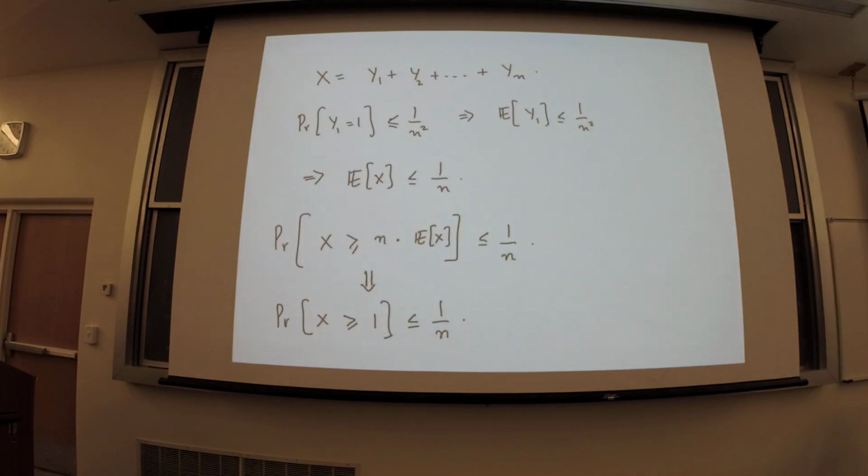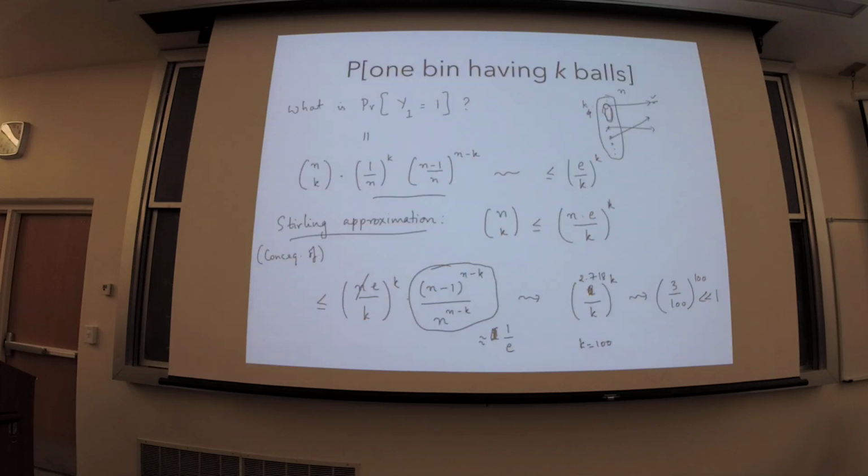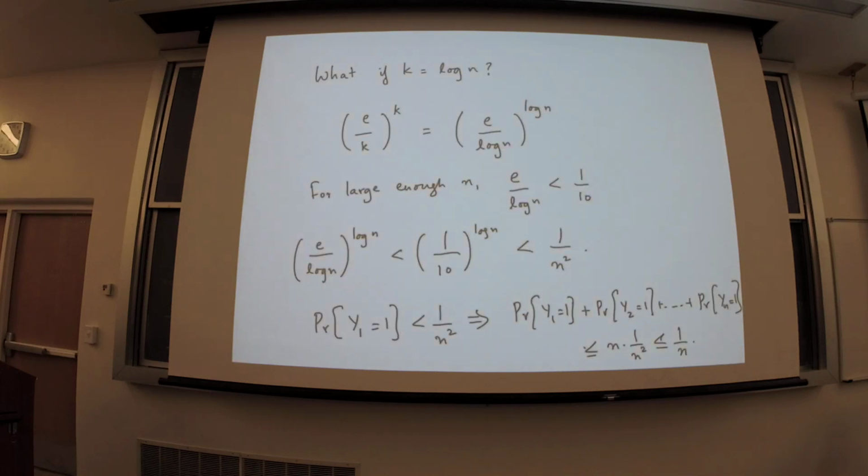So what he's asking is, here I have this e by k to the power k, right? But if you set k to be equal to log n by log log n, then e by k to the power k would become, maybe not constant, maybe it would become polynomial, but it would actually become something like 1 by n or something like that.